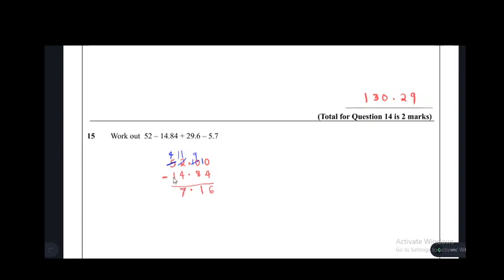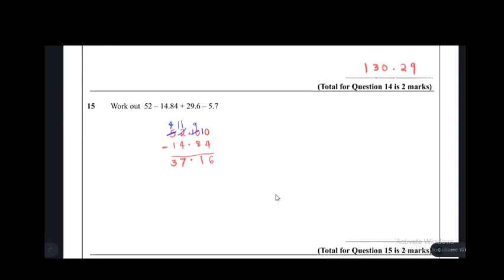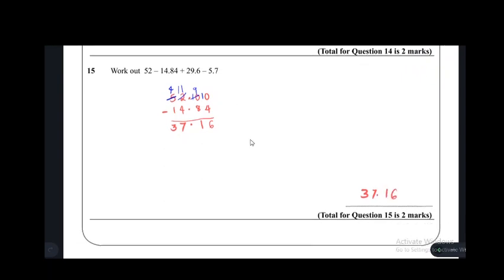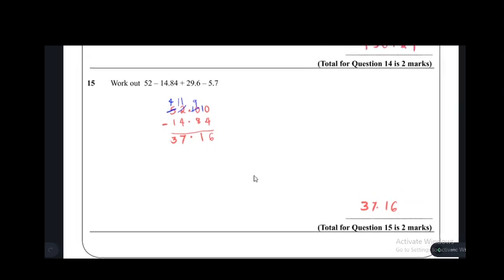And then 4 take away 1 is 3. So our answer will be written as 37.16. All right, so that is the end, guys. Yay, we did it.